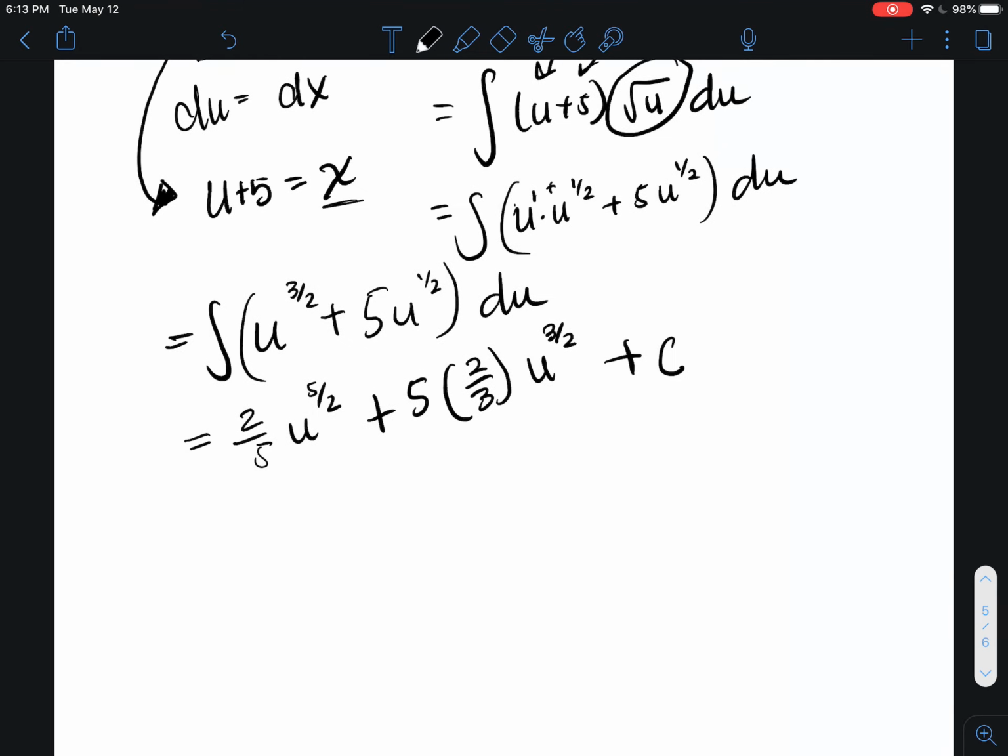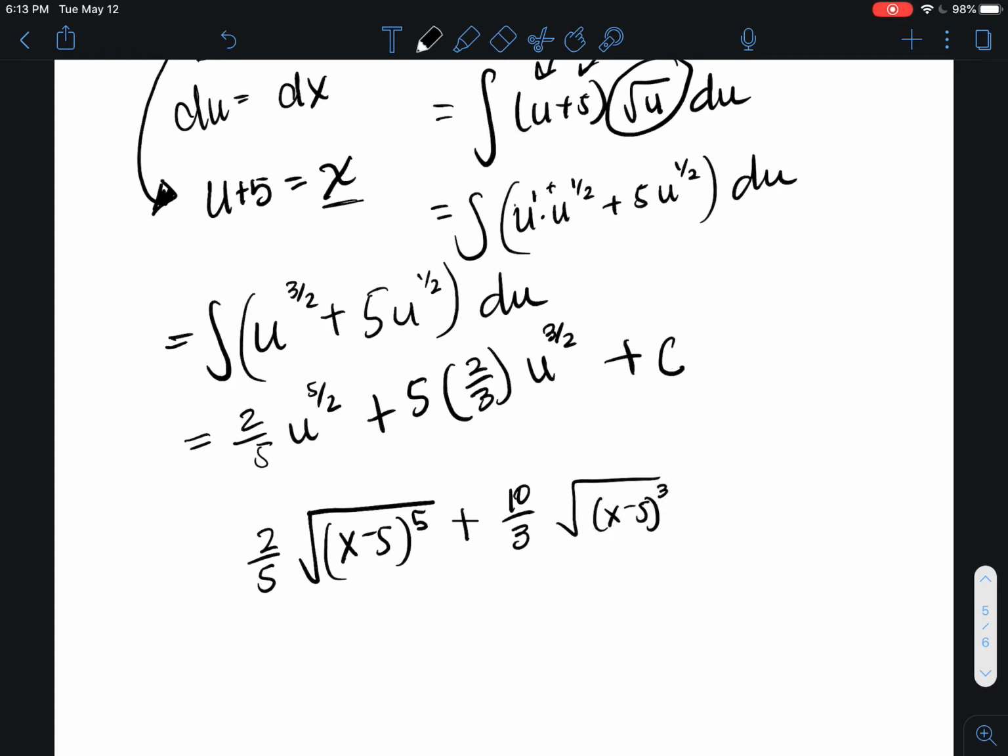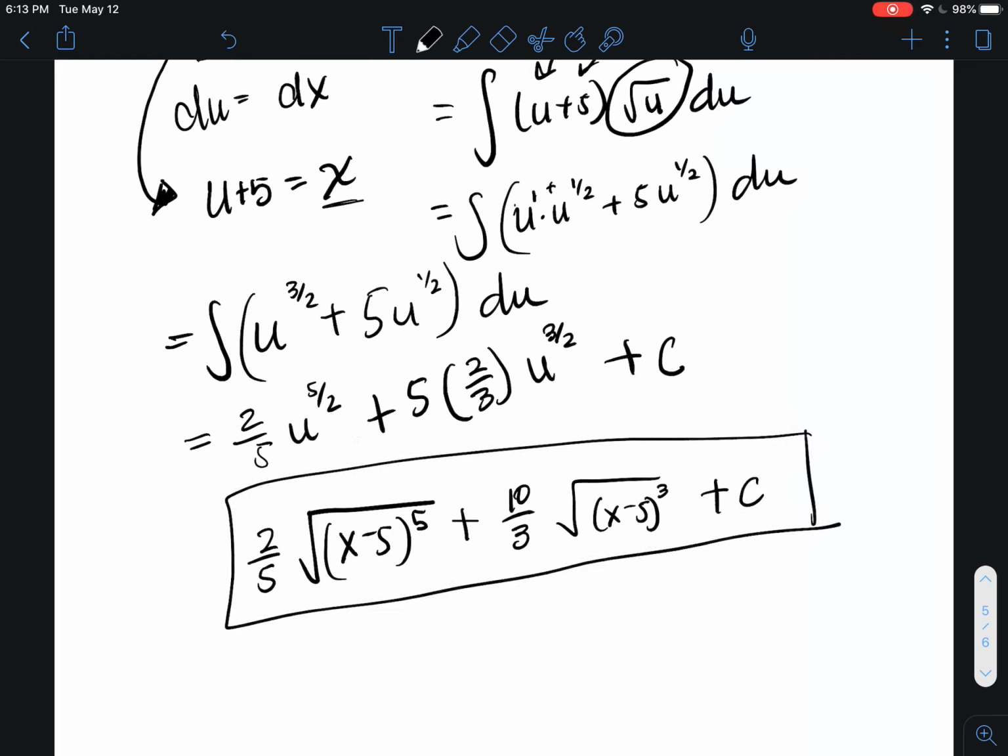Okay, so let's substitute back our u. So this is going to be 2/5, and I'm going to rewrite it as a radical again, the square root of x minus 5 quantity to the 5th power, plus 10 over 3 the square root of x minus 5 quantity cubed plus c. Now, I'm fine with this being your answer.